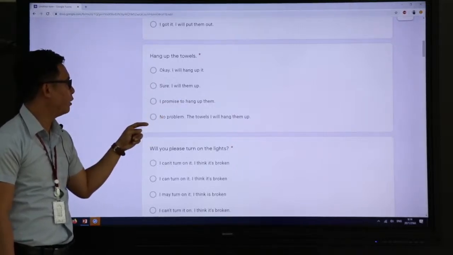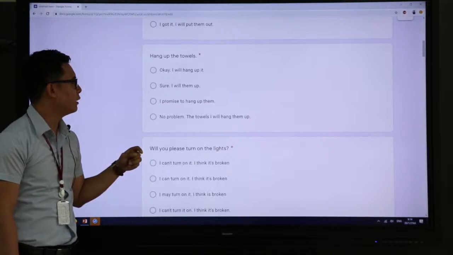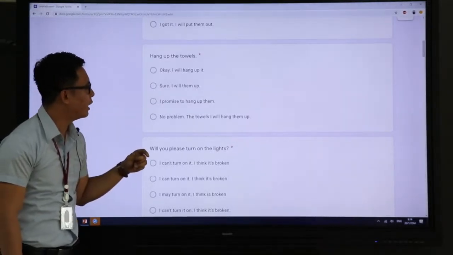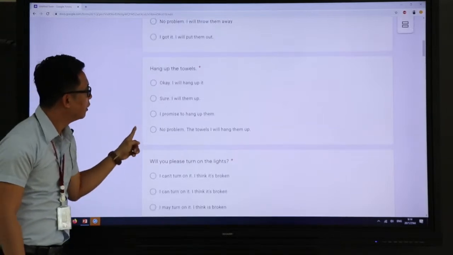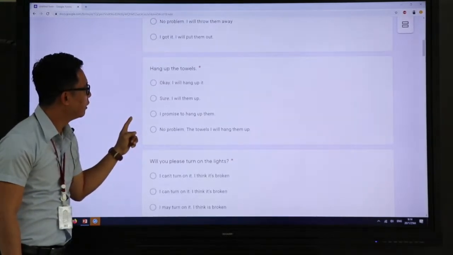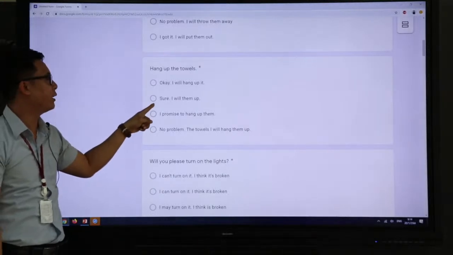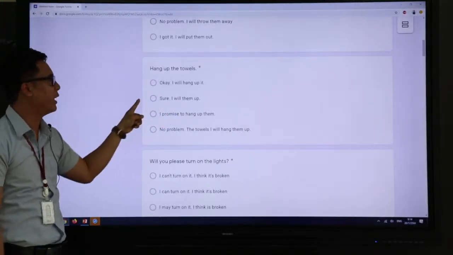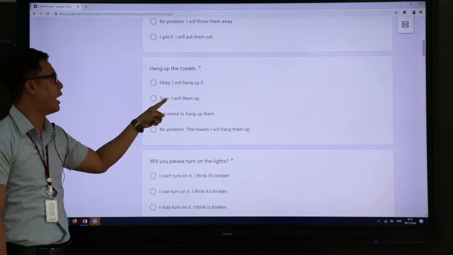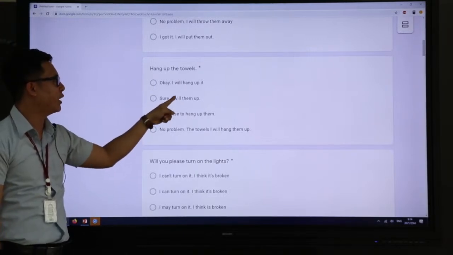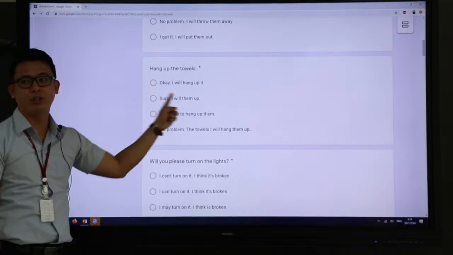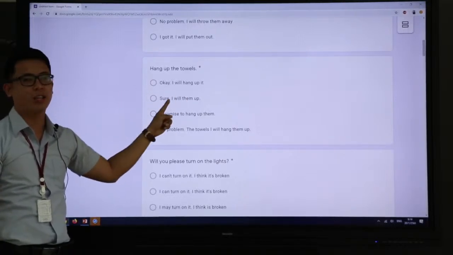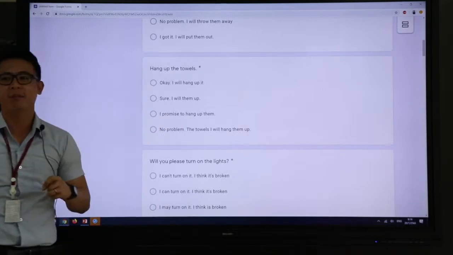And number 4, no problem, the towel I will hang them up. Sorry. Sure, this number 2 here, the correct one, typographical error. The number 2 here, sure, I will hang them up. I forgot to write the word hang. Sure, I will hang them up. Make sure this one. The second choice is, sure, I will hang them up.